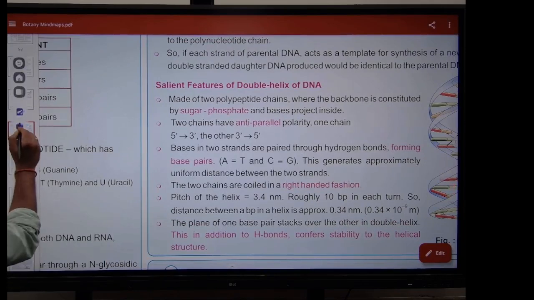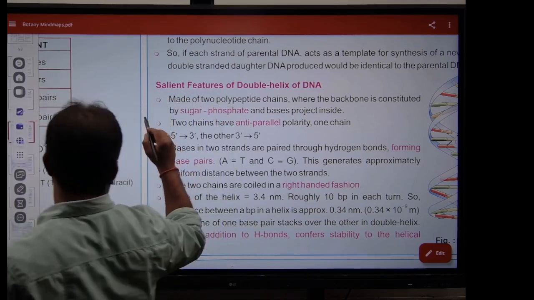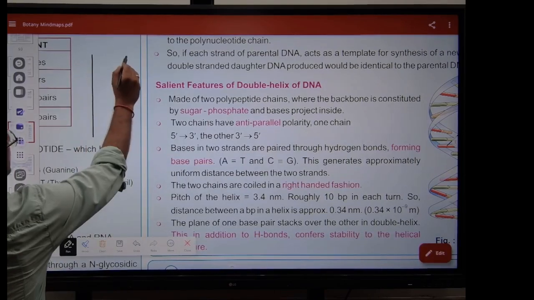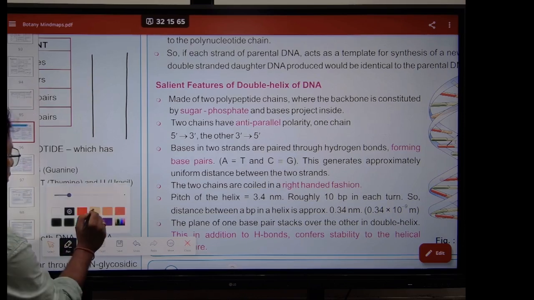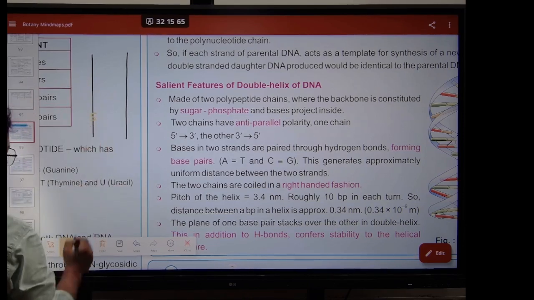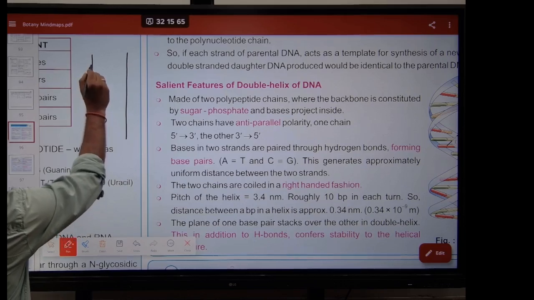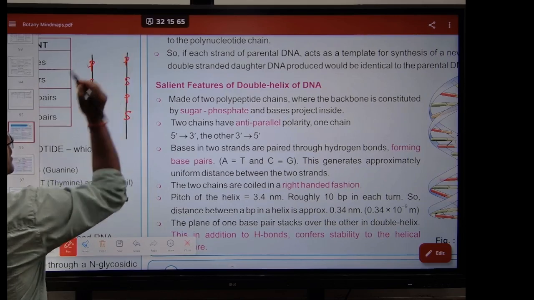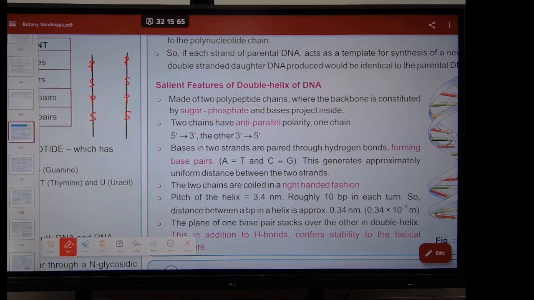Let's see, guys. If we draw the DNA like a ladder, this is one strand, and this is one more strand. This strand is called the backbone. This backbone has sugar, phosphate, sugar, phosphate. This one also has sugar, phosphate, sugar and phosphate, which forms the backbone of the DNA.